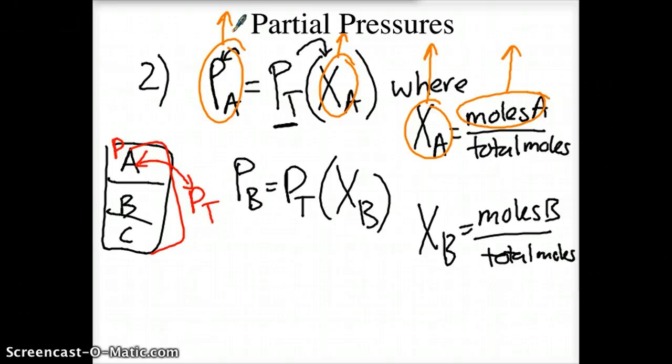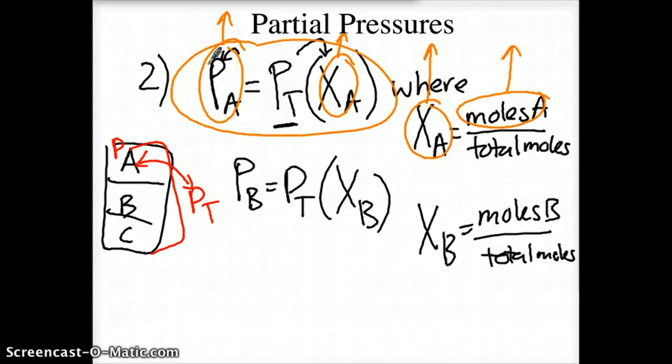So there's clearly a direct relationship between the number of moles of a gas and the partial pressure of that gas in a mixture. So these are the 2 separate ways to represent Dalton's law of partial pressures. You need to know this one as well as the one on the front.